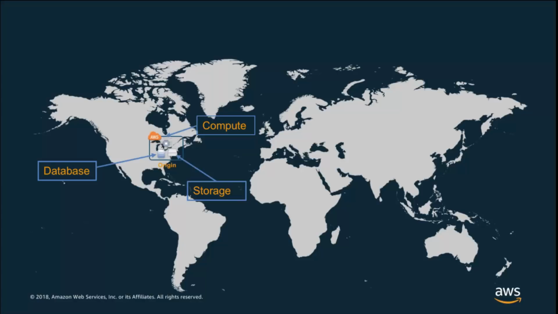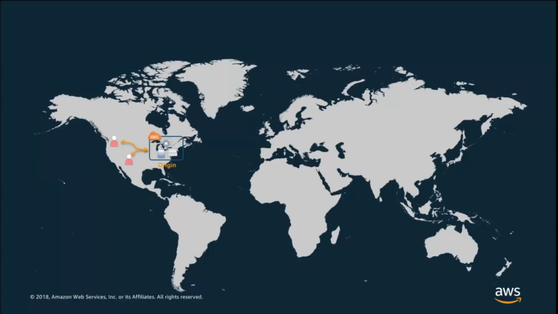In this scenario, let's assume that your application is running in an origin in North Virginia, which is the US East 1 AWS region. Now, if you have a couple of users who are trying to access your web application, it should be just fine. They can just directly go to your origin, and the experience they get might work well.